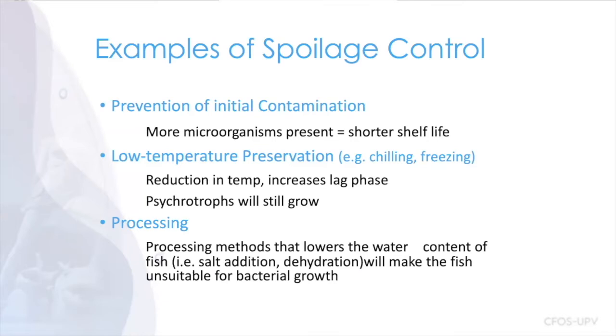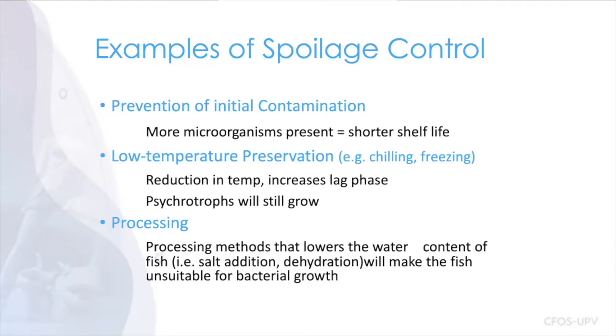So what are the examples of spoilage control? So prevention of the initial contamination. So if you can reduce the number of microorganisms at the start pa lang, better do it, no, because more organisms present in your raw material would mean shorter shelf life for your product.